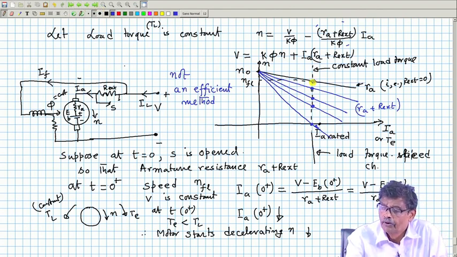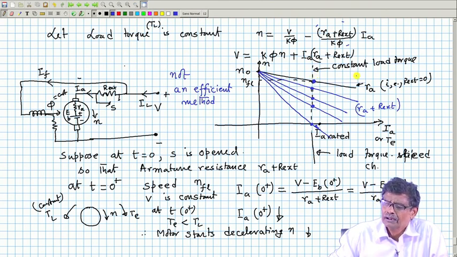Then the operating point with no external resistance will be here. There will be a small drop in speed. That is why in a shunt motor, from no load to full load, the variation of speed is very little, and that is called speed regulation.